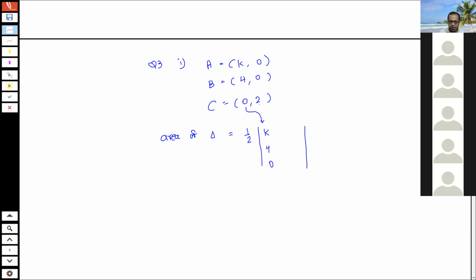And in second column, we will write Y coefficients 0, 0, and 2. What about this third column? Sir, 1, 1, 1. So area is given.